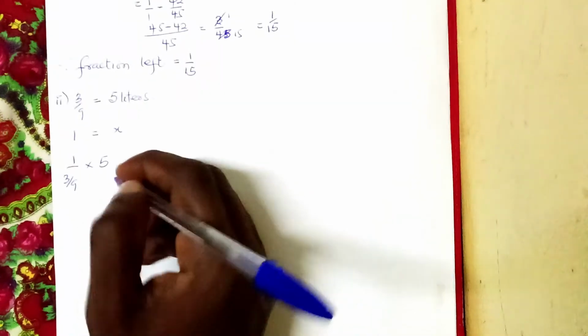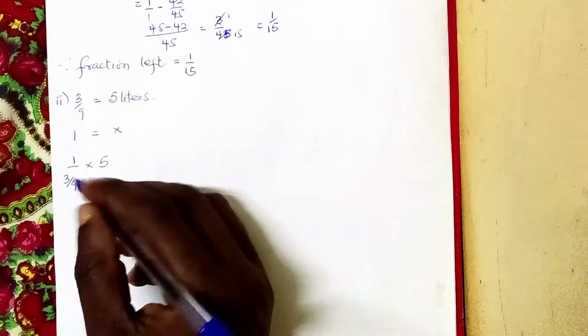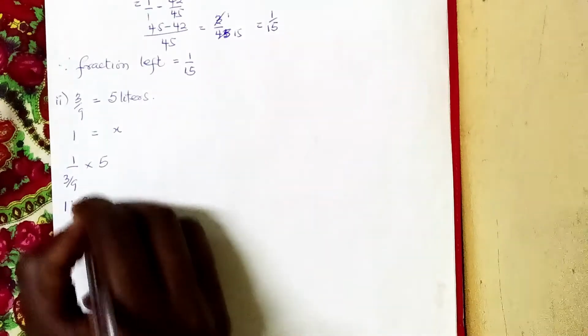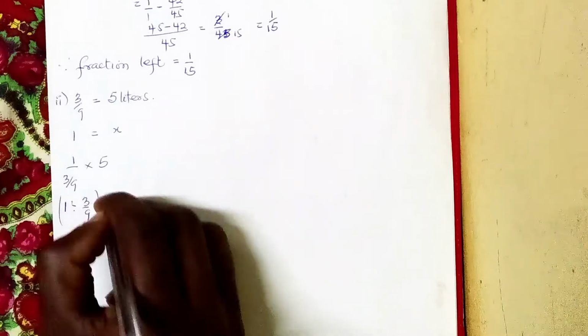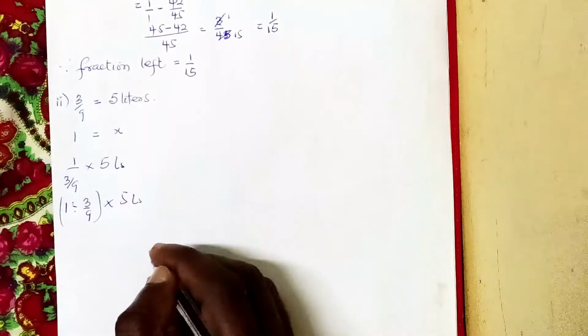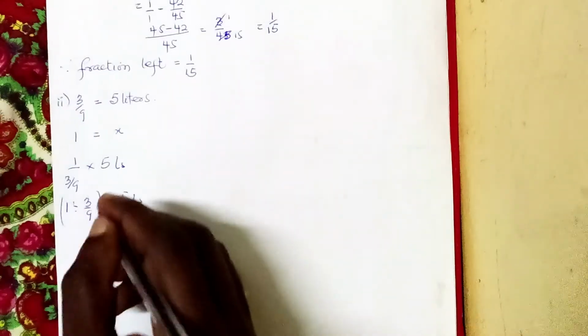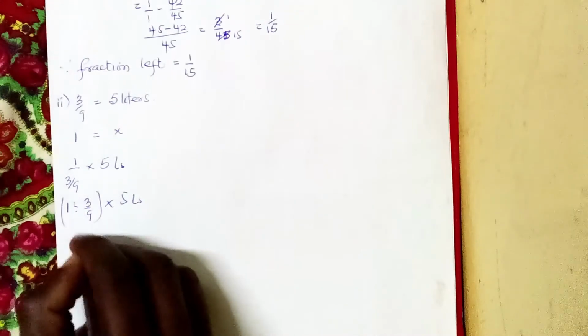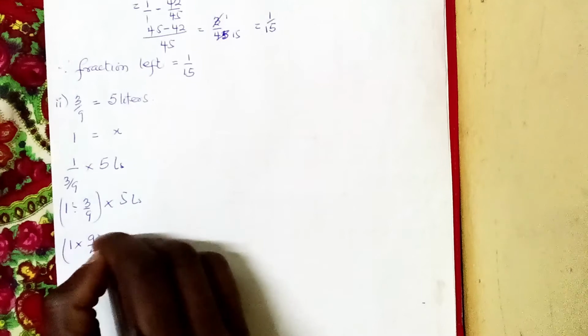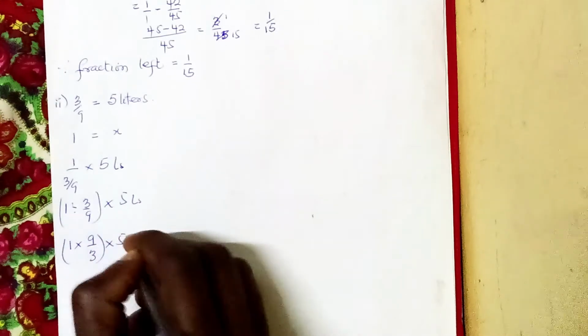So with this, we have to change this portion. So it becomes 1 divided by 3 on 9, or brackets, times 5 liters. We reciprocate the one on the left. So we have 1 times 9 on 3 times 5 liters.